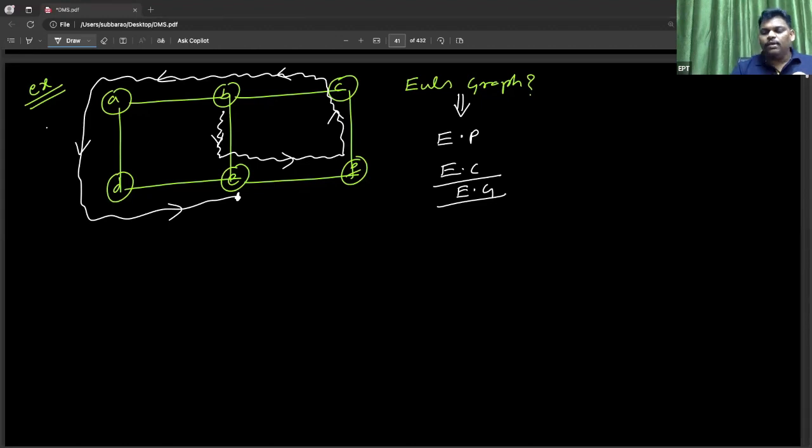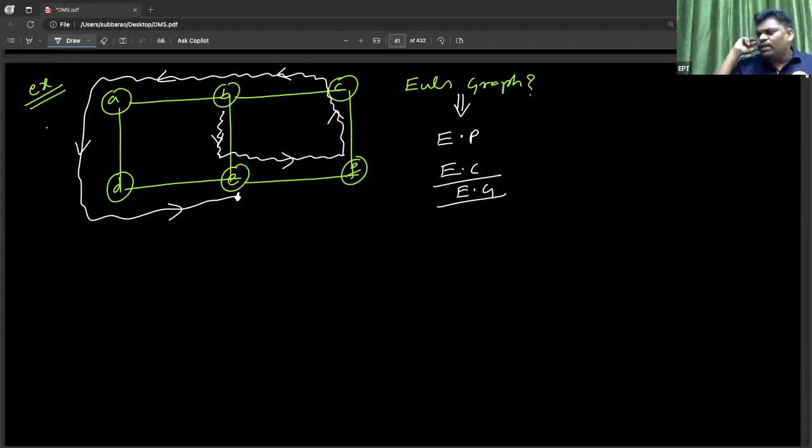Can you help: Euler starts with E. So concentrate on edges. Euler means edge, I just remembered it like that.